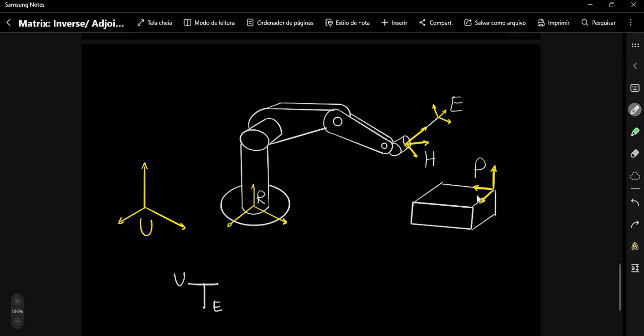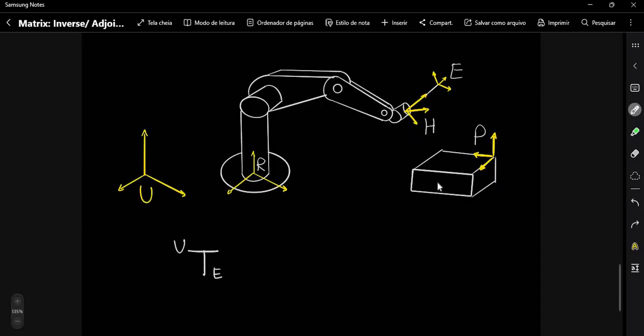With this reference frame we write transformations for these other frames.